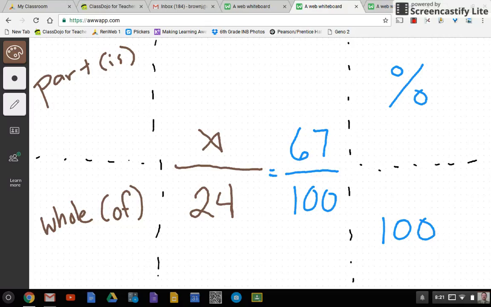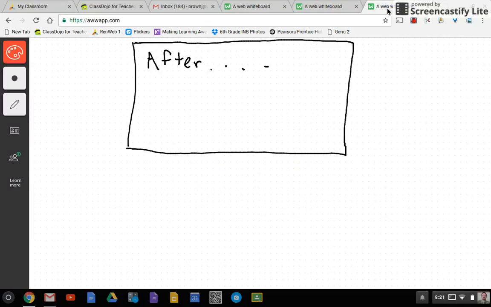Okay, so now I'm going to go down at the bottom section of my page 48, and I'm going to work this out. So this is the problem right here. Starts out with "after," and now I'm going to start working out the problem. So I had x over 24, and that was equal to 67 over 100.